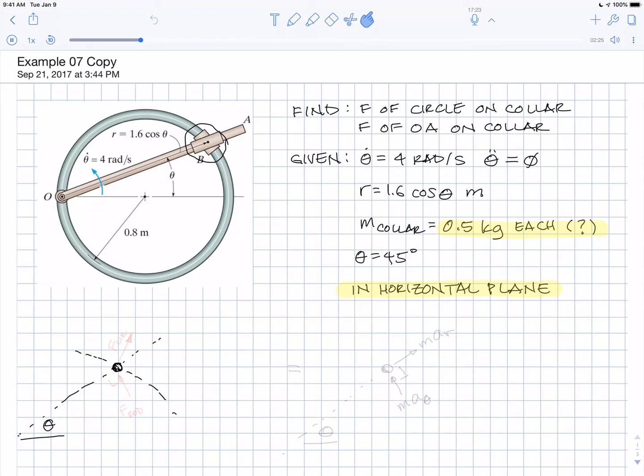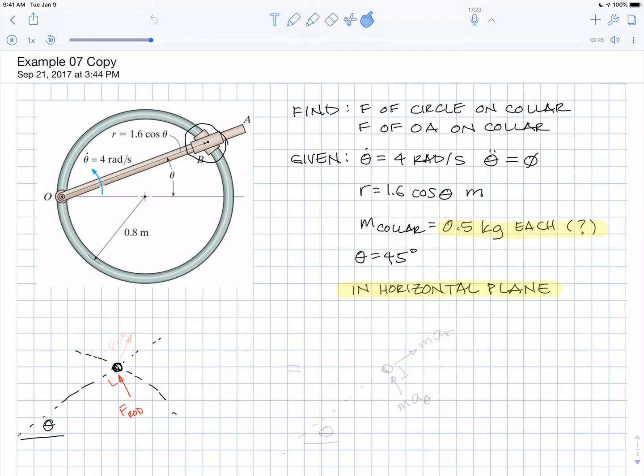There are two forces on the pair of the collars. There's this force that's perpendicular to the rod, and I'm going to call that F rod. It says frictionless, everything's smooth, so that's why it's perpendicular.